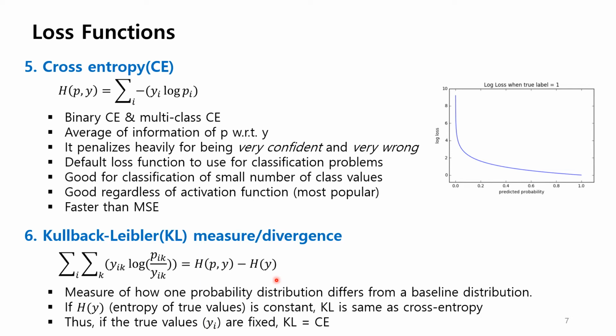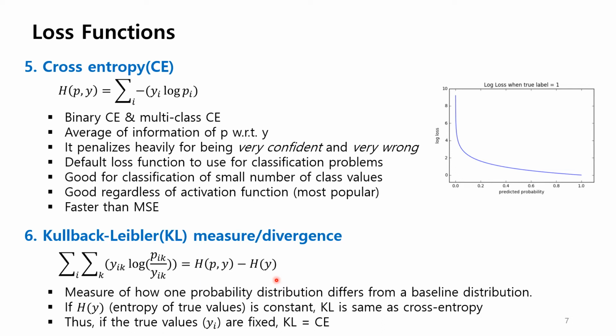Okay. So the original definition of KL divergence is, suppose we have two probability distributions. Don't worry about loss functions, classification, whatever. In general, we have two probability distributions, and you want to calculate the difference between these two probability distributions.